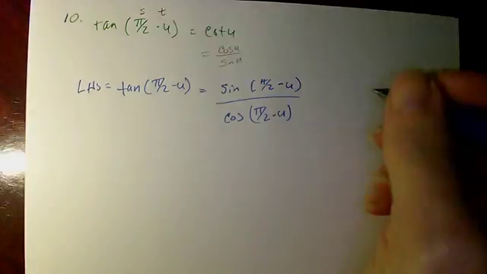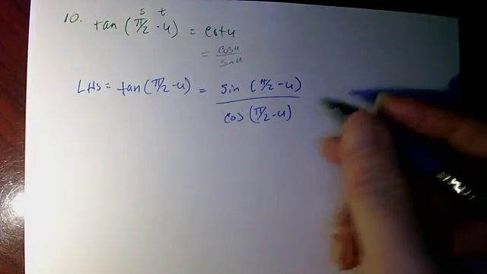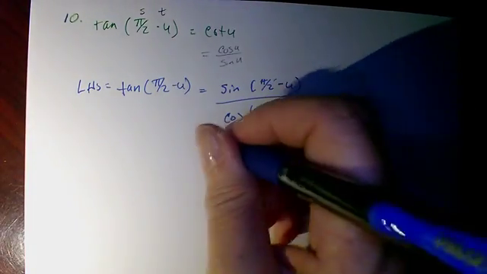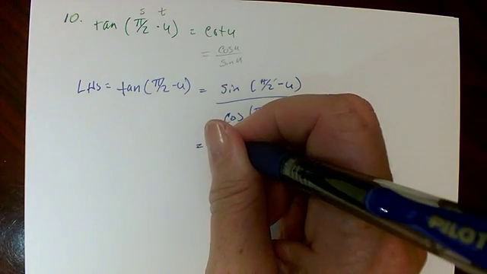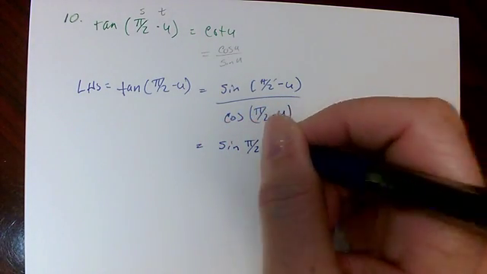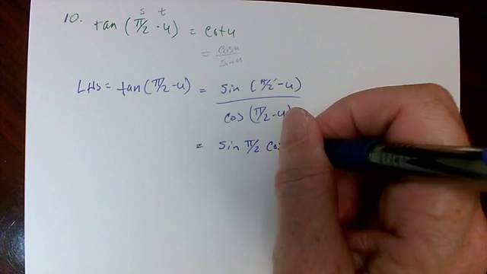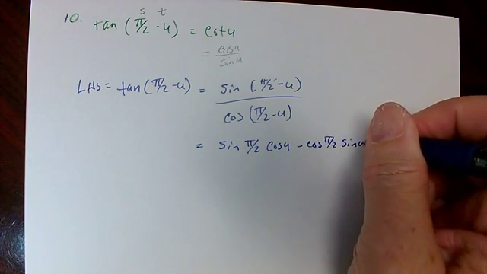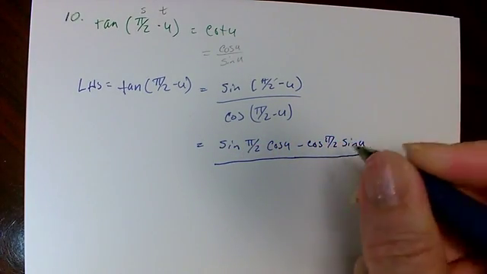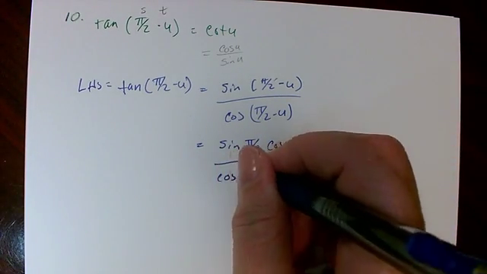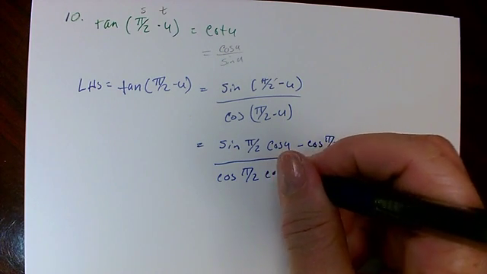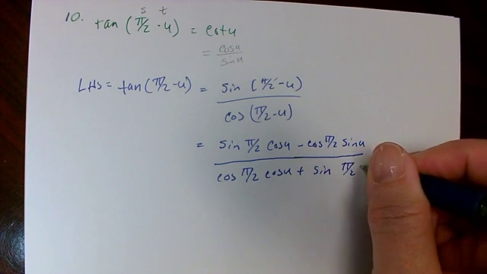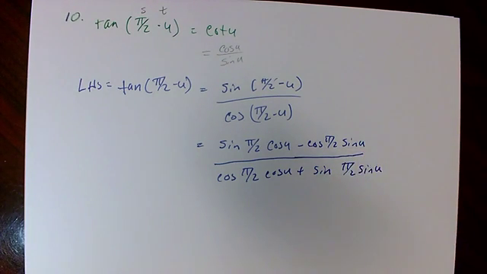All right, so sine of pi over 2 minus u, according to our addition and subtraction formulas, will get us the sine of pi over 2 times cosine of u minus cosine of pi over 2 times sine u, divided by the cosine of pi over 2 times cosine of u plus the sine of pi over 2 times sine u.